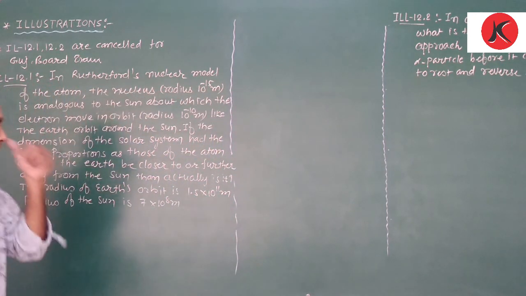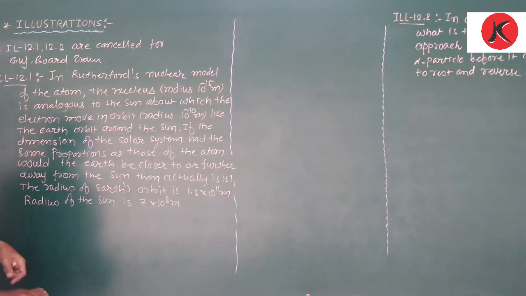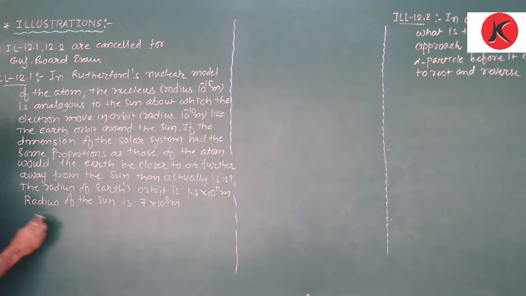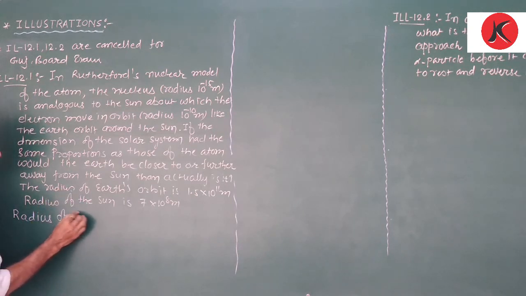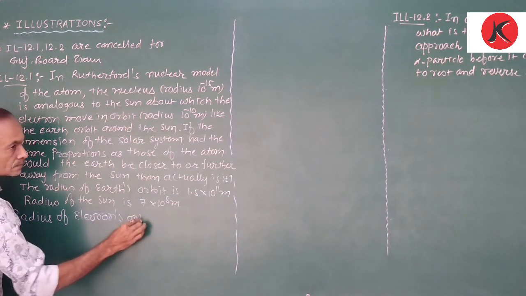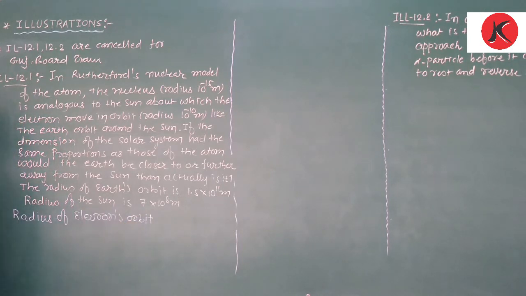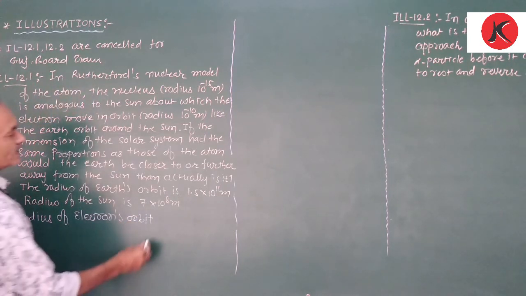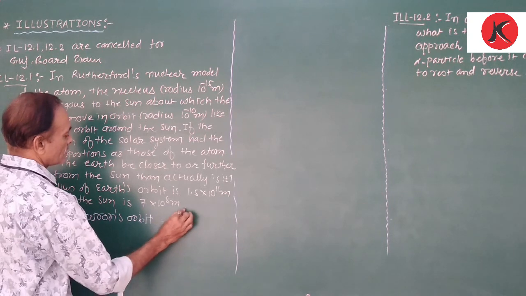Now, first we note what quantities are given. The radius of the electron's orbit is given as 10⁻¹⁰ meter.